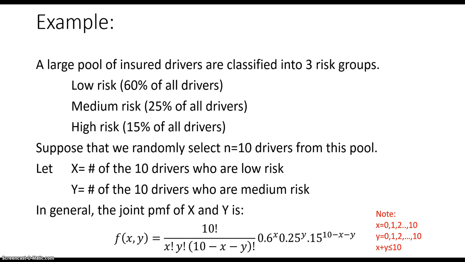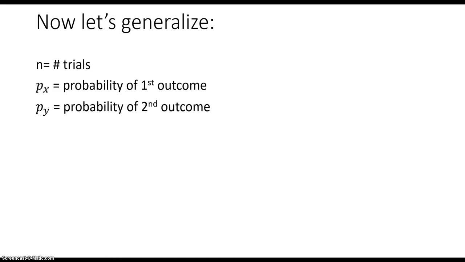Now if we want to generalize to a situation where we can use this in other examples, if n is the number of trials that we have, p sub x is the probability of the first outcome occurring on an individual trial, p sub y is the probability that the second outcome would occur on an individual trial, then 1 minus p sub x minus p sub y would be the probability that the third outcome would occur on an individual trial.